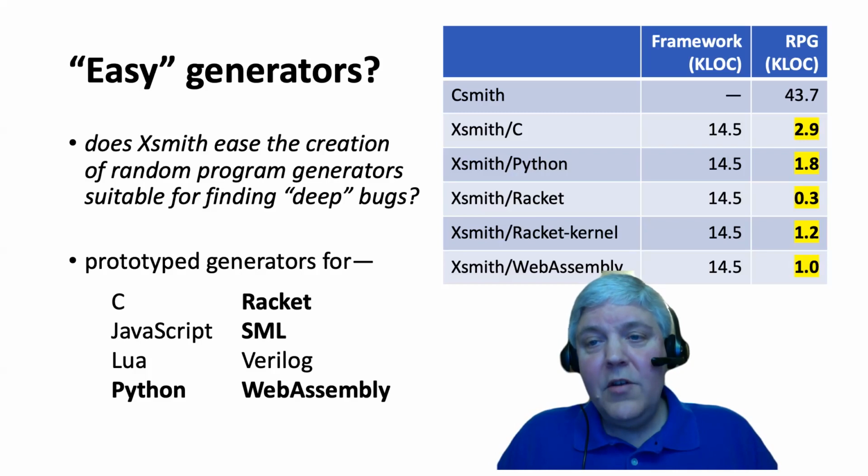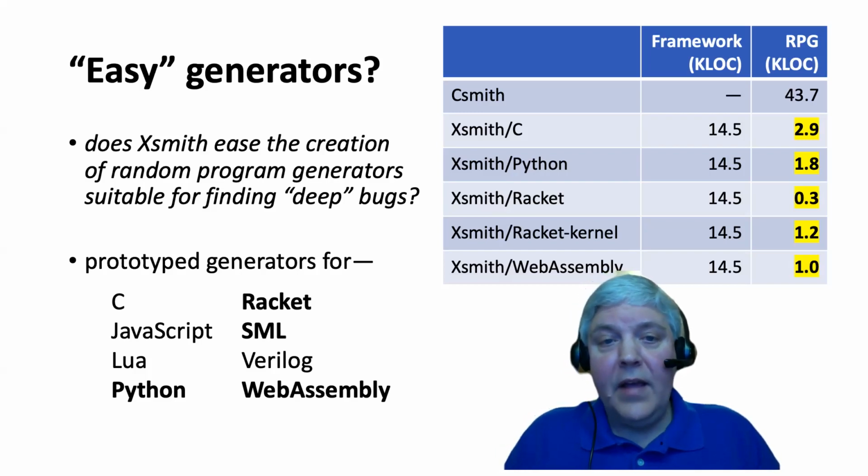But in general, you can see that the line counts here are much smaller, suggesting that we are in fact making it easier for people to create these kinds of random program generators, and a variety of random program generators, not just for one language, but for whatever languages people want to test.